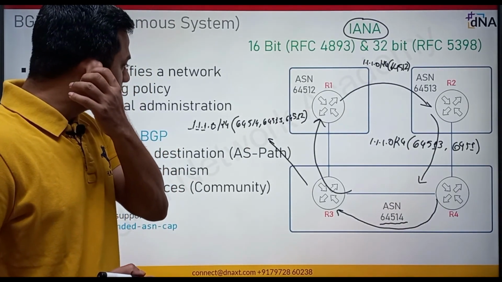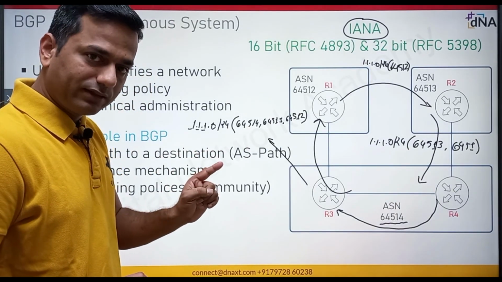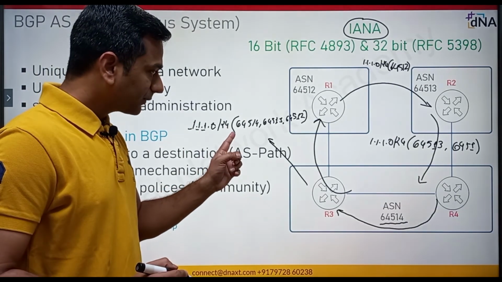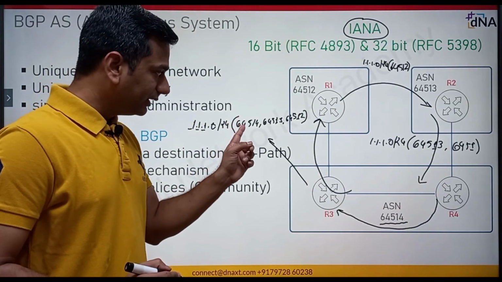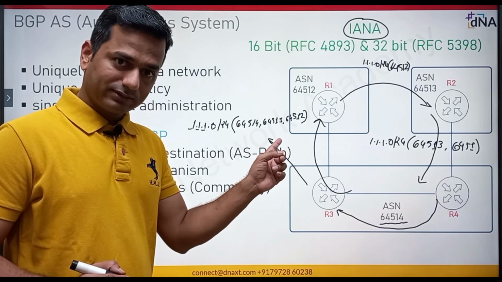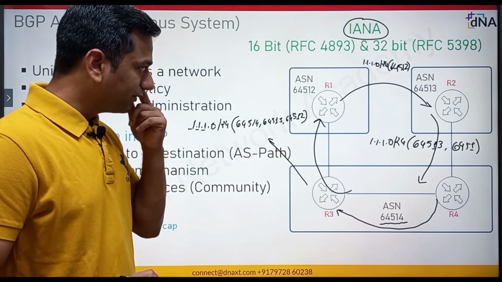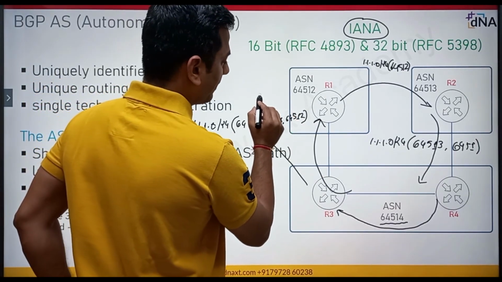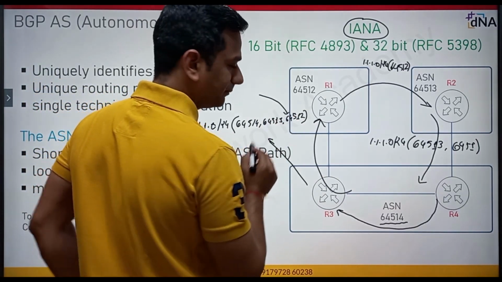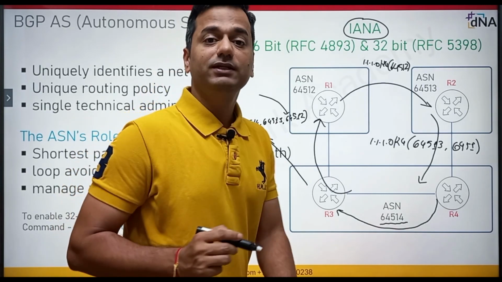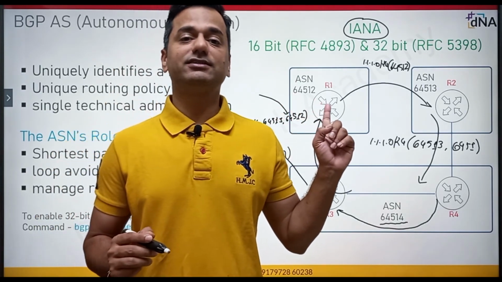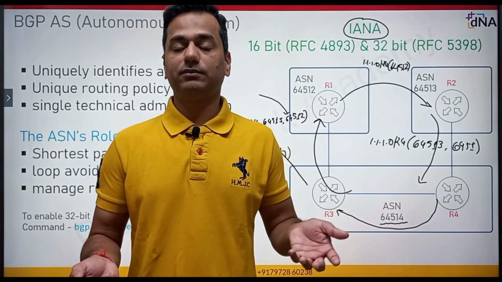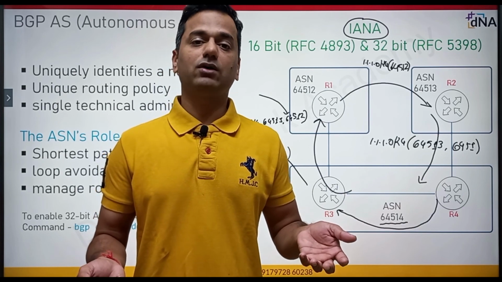What will R1 do? First, R1 will check whether in the AS path sequence it can find its own AS number. Oh, so it means I have initiated this route, or advertised the route over the BGP session.